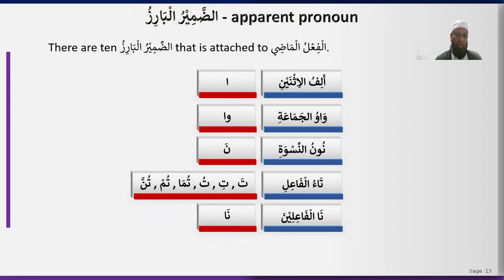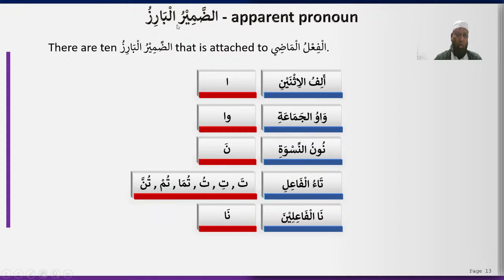It will also give us the meaning for third person, second person, and first person. The third person is called al-ghaib. Second person is called al-mukhatab. The first person is called al-mutakallim.